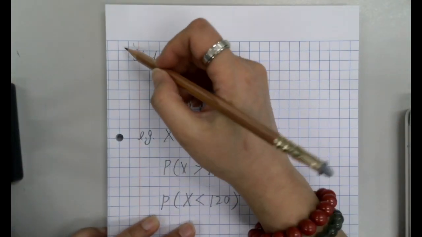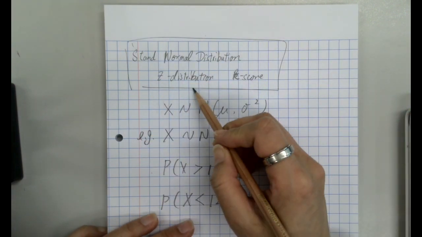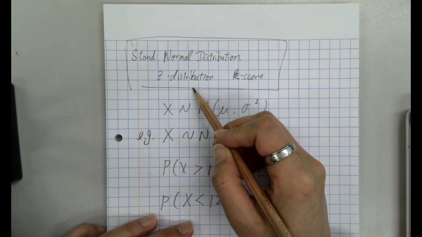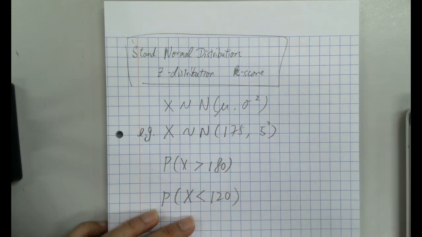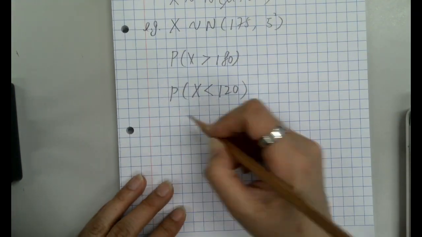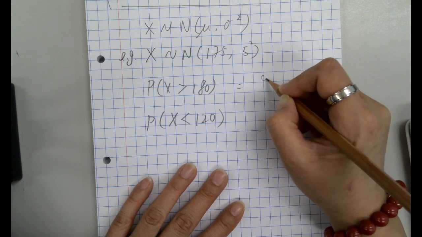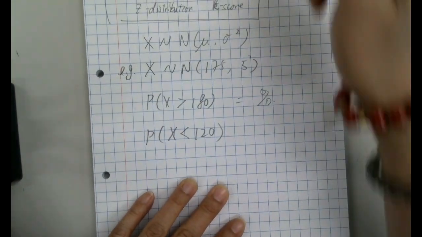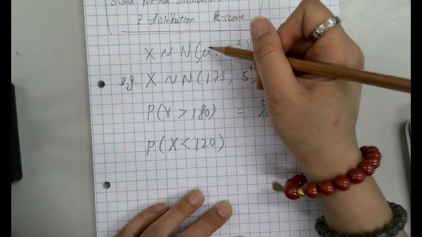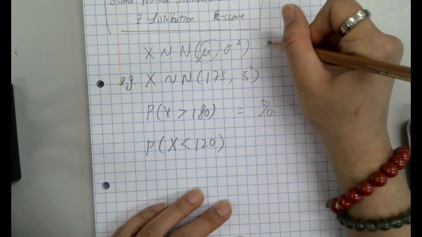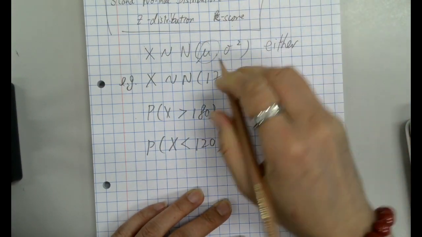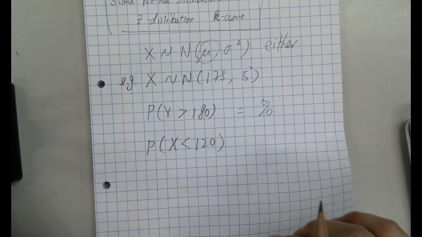Now, when do you need to use the normal distribution, the Z distribution, and the K score? That is when we're missing either the mean or the standard deviation.